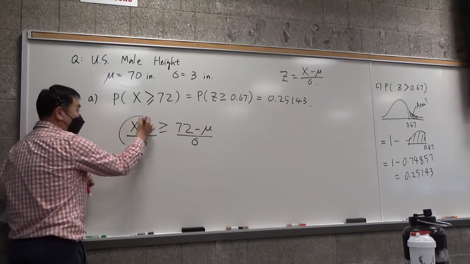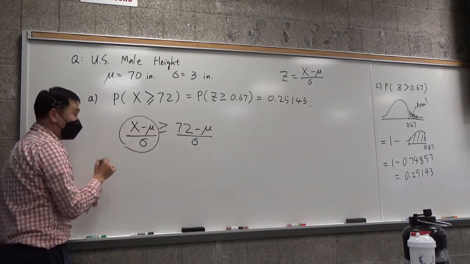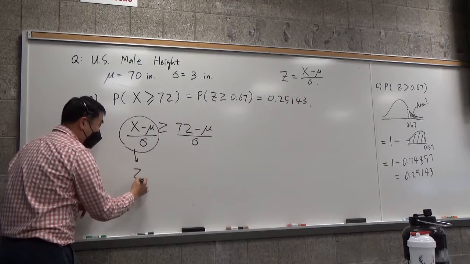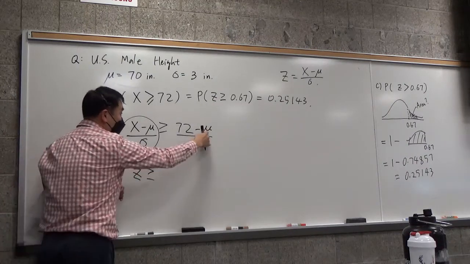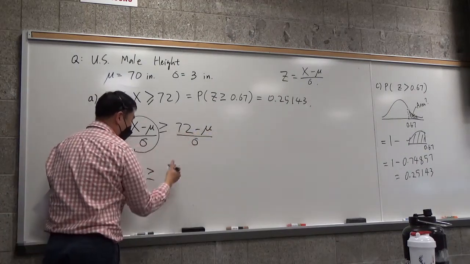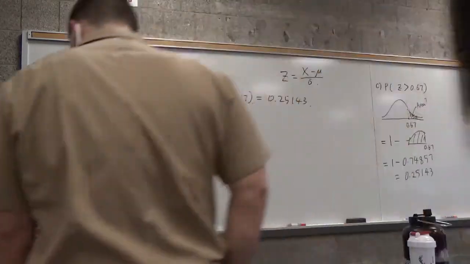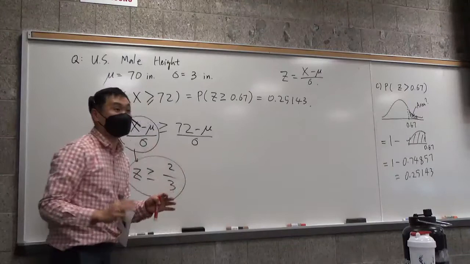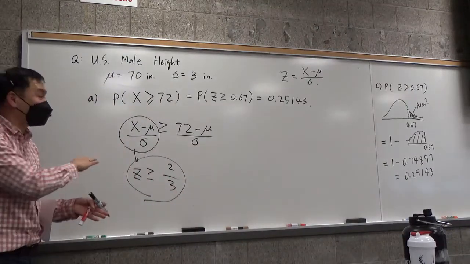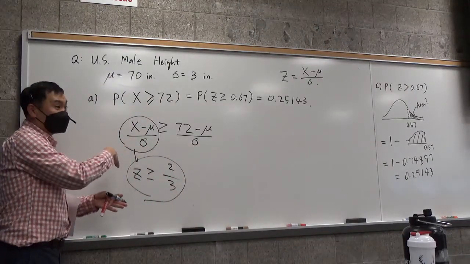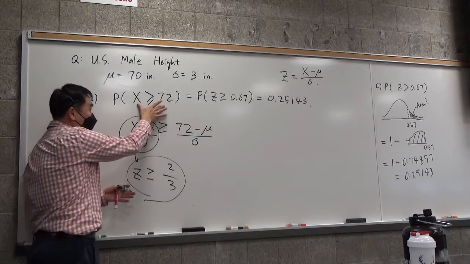But then what is this? This is what we call the z-score, right? So this now changes into z. And then mu is 70, so 72 minus 70, that's 2, and sigma is 3. So that's what you get, and I just rewrote this as 0.67. That's the purely mathematical explanation of how to go from here to there.